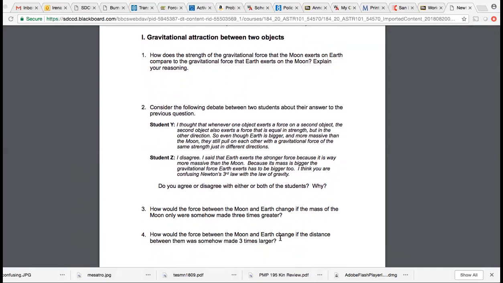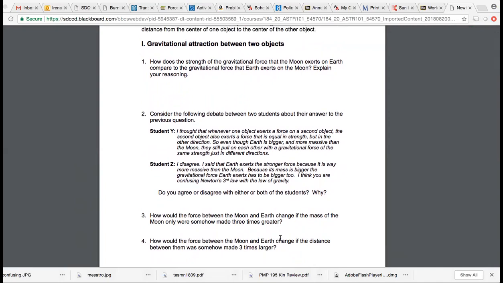And so for number 4, the distance between them was somehow made 3 times larger. So 3 times larger, so distance squared. Would we have to square the number?